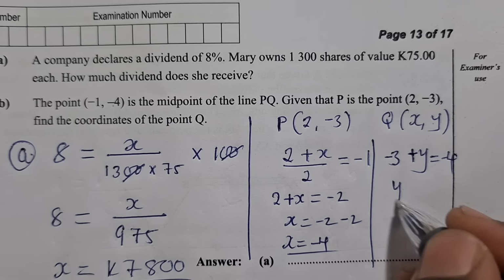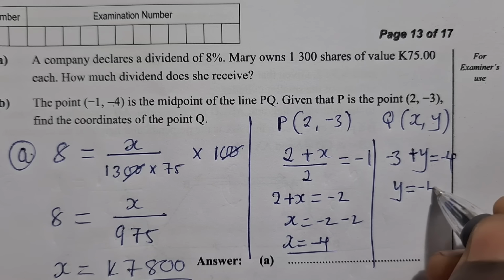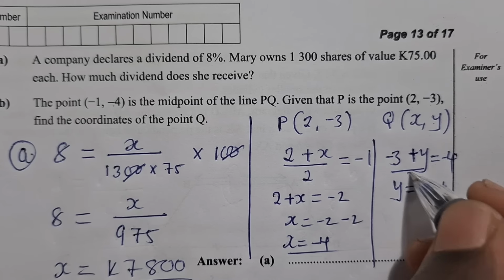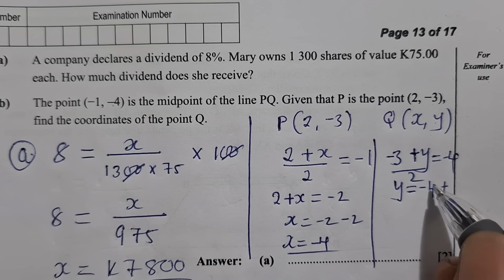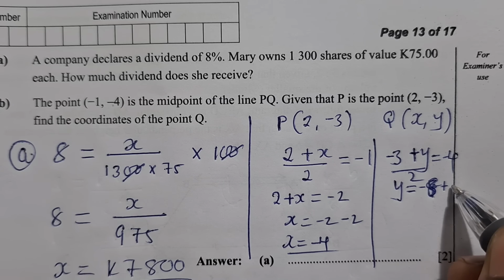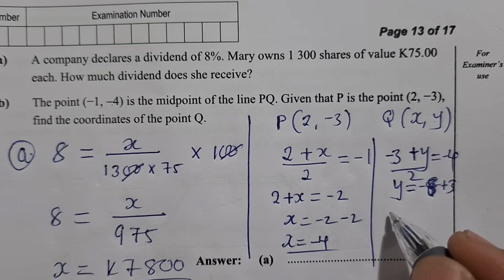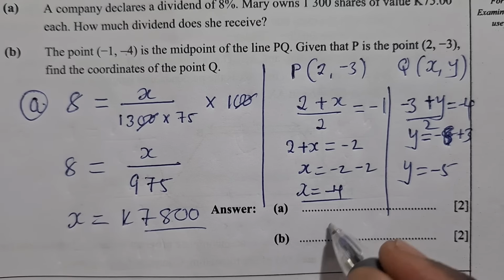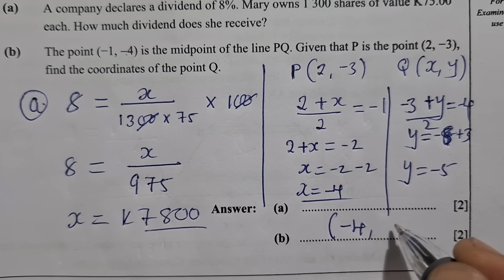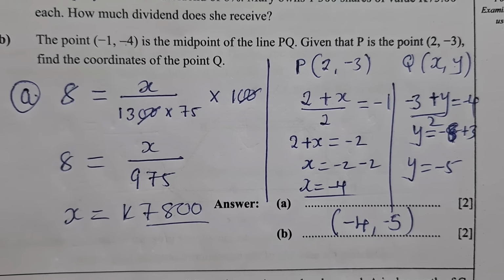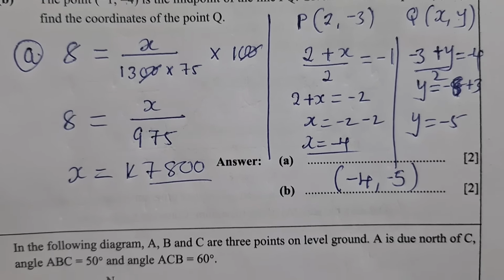When you cross multiply, you're getting -8. This is -8 plus 3. This 3 will come this side. So y is equal to -5. The coordinates here are -4, -5. So these are the coordinates of Q.